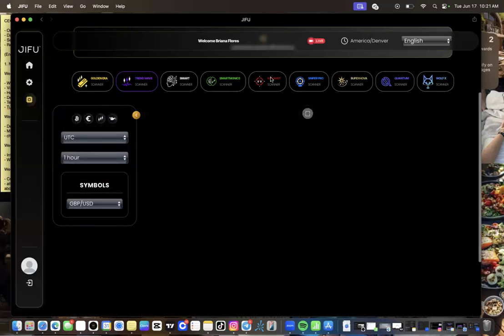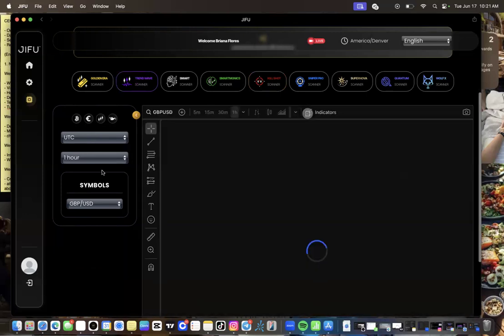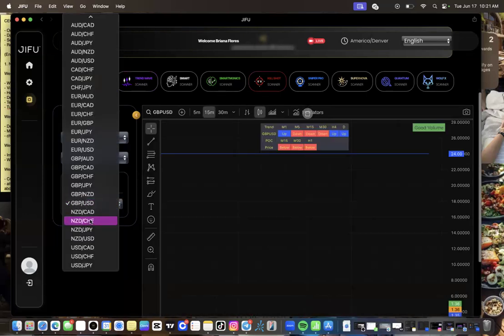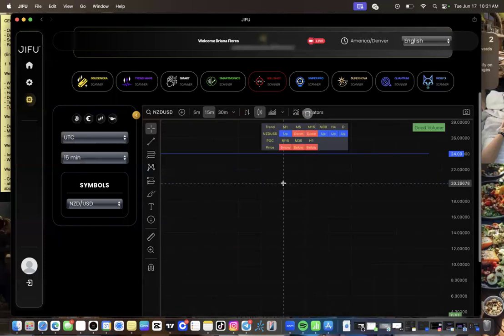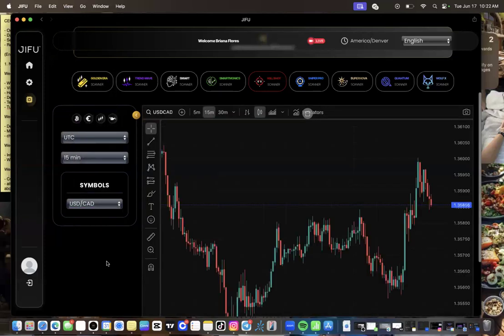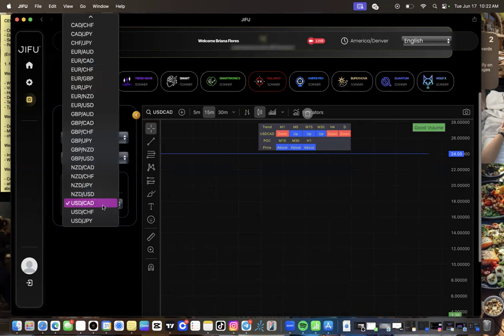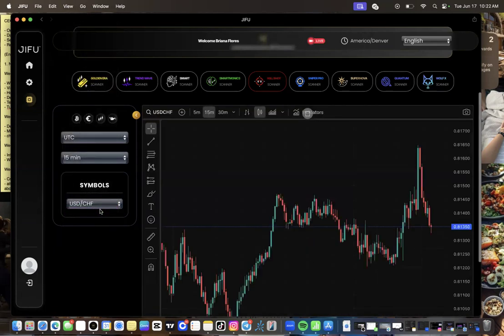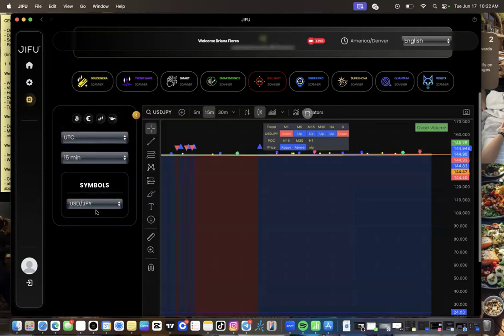GBP USD. Nope, got that 1 minute up. Oops, did not need to do that. SP 500. That's what I thought, but I wasn't sure because once again, I don't trade it. Nope. All right, SP.